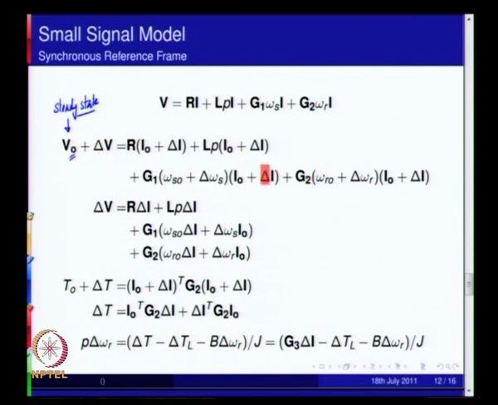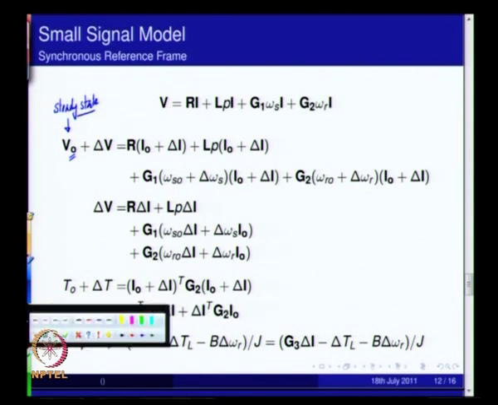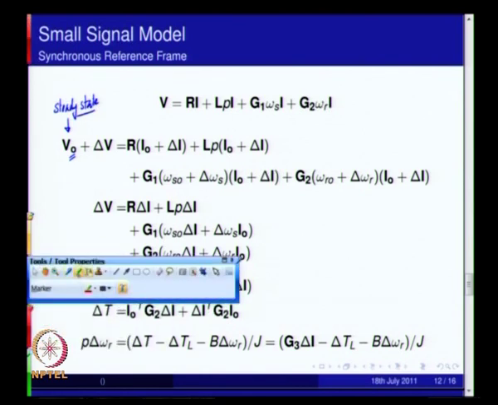This is the same expression rewritten with all the variables as being composed of a steady state part and a disturbance part. However, the equations for the steady state itself should be valid, and therefore V naught must be equal to R I naught plus L P I naught plus G1 omega S naught into I naught plus G2 omega R naught into I naught, and therefore those terms can simply be removed from the expression.